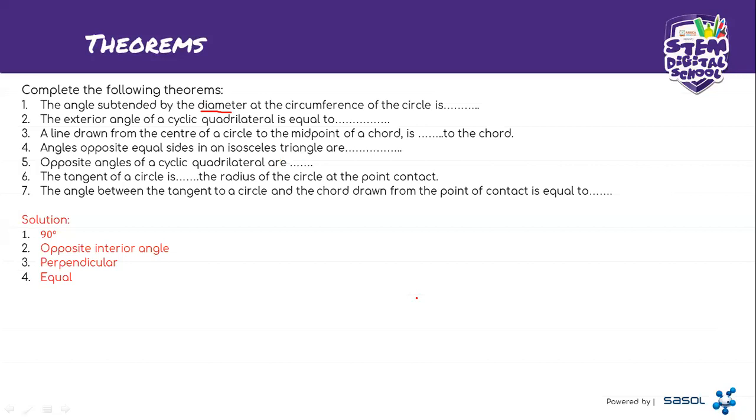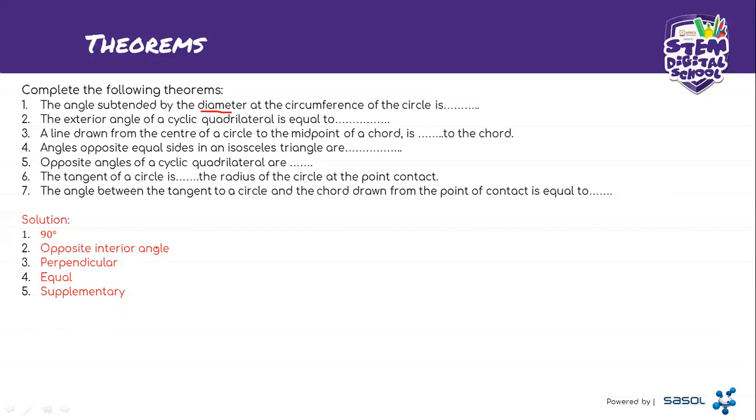Number 5, opposite angles of a cyclic quadrilateral are supplementary. Opposite angles of a cyclic quad, they add up to 180, meaning supplementary. The opposite angles of a cyclic quad are supplementary, right?